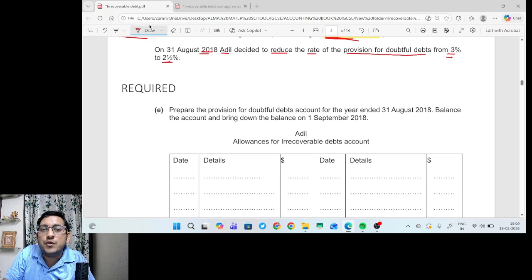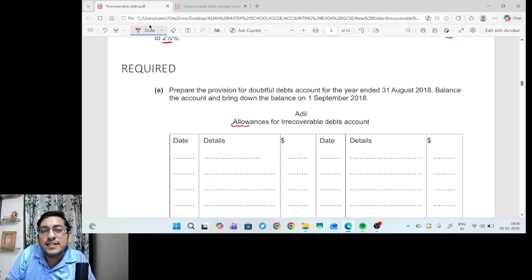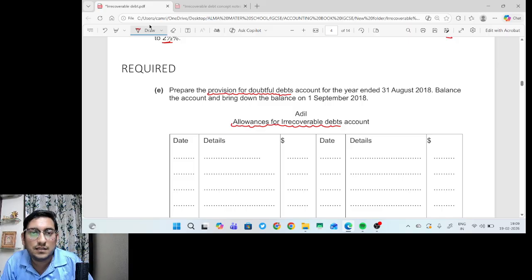Prepare the provision for doubtful debt, also known as allowances for irrecoverable debt. One and the same thing. I have used both the terminologies for your understanding. Don't get confused in exam. They can either give you provision for doubtful debt or allowances for irrecoverable debt. One and the same thing. Account for the year ended 31st August 2018. Balance the account to bring down the balance on 1st September 2018.